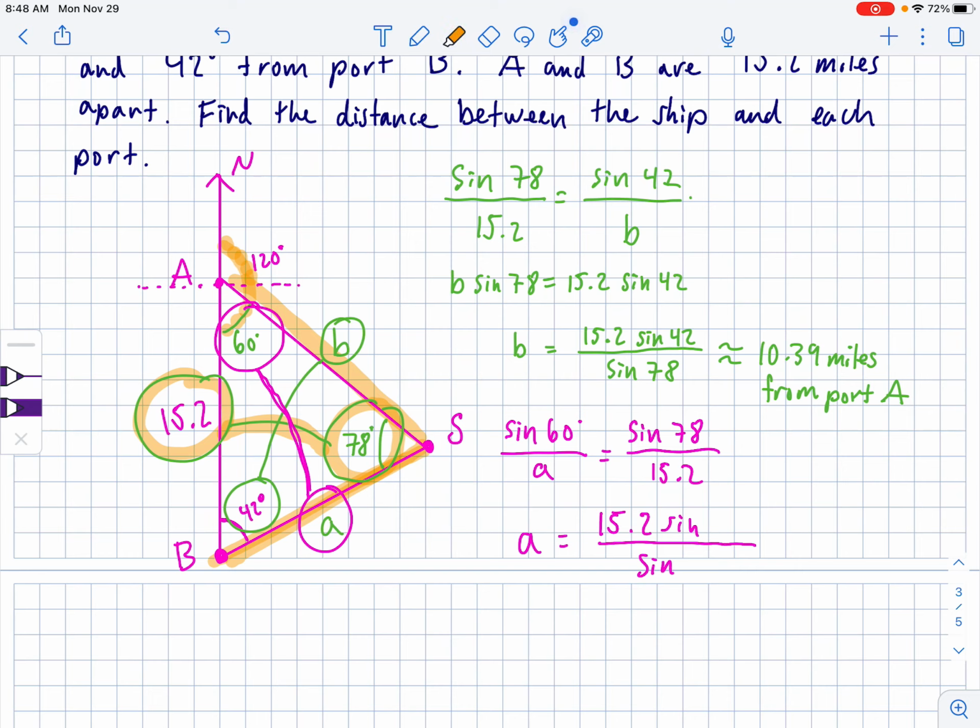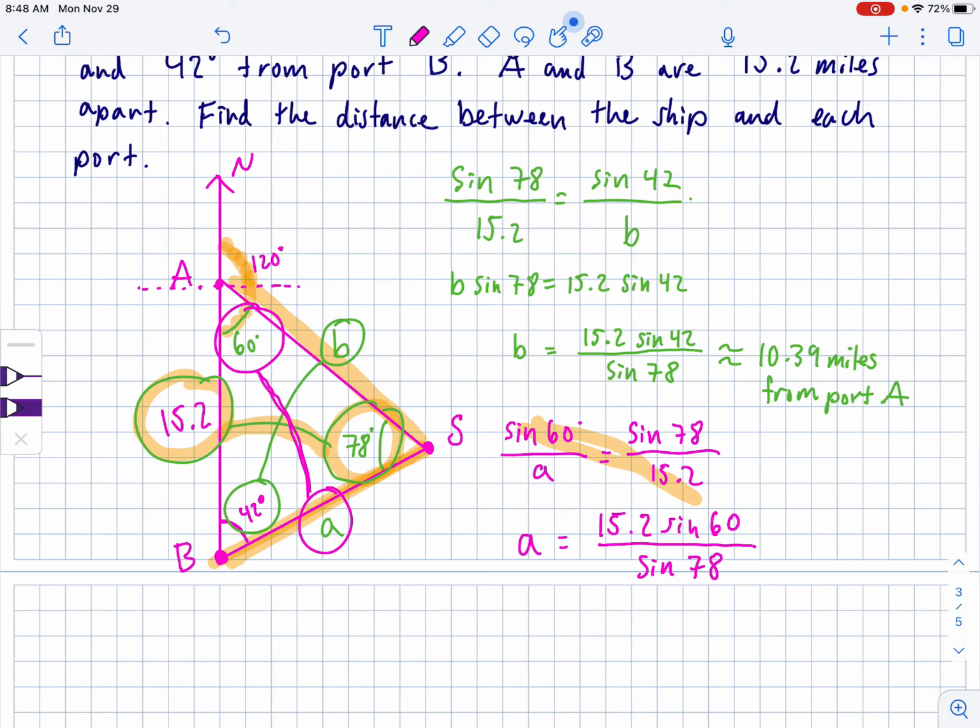So when you cross multiply, the 15.2 and the 60 will be together. So that's sine 60 times the 15.2, and then you divide by sine 78. So I flopped those. Sine 60 times 15.2 divided by sine 78. There it is, 13.46.